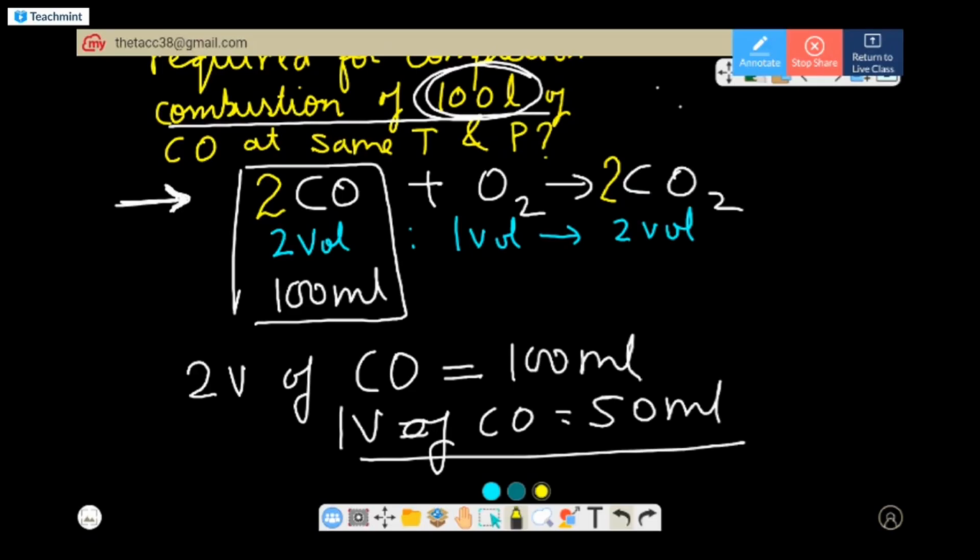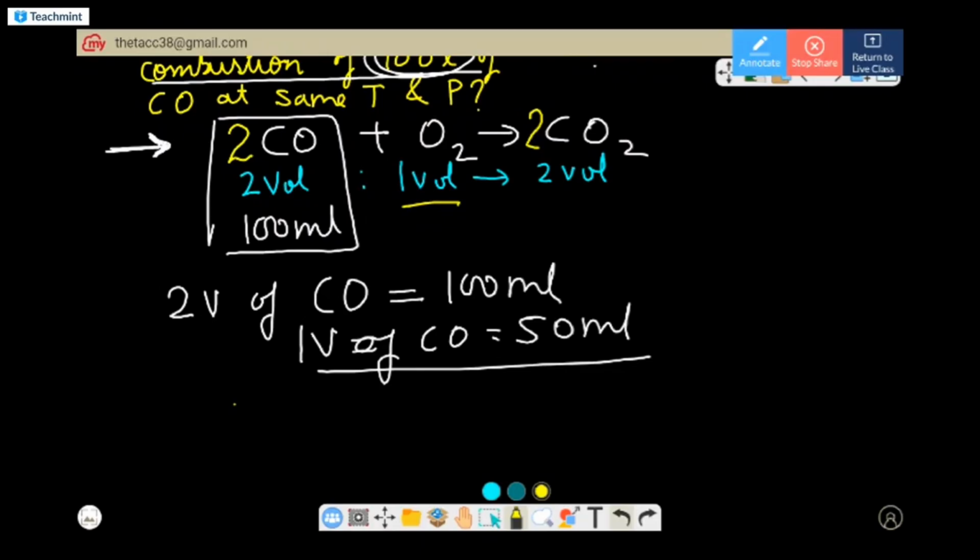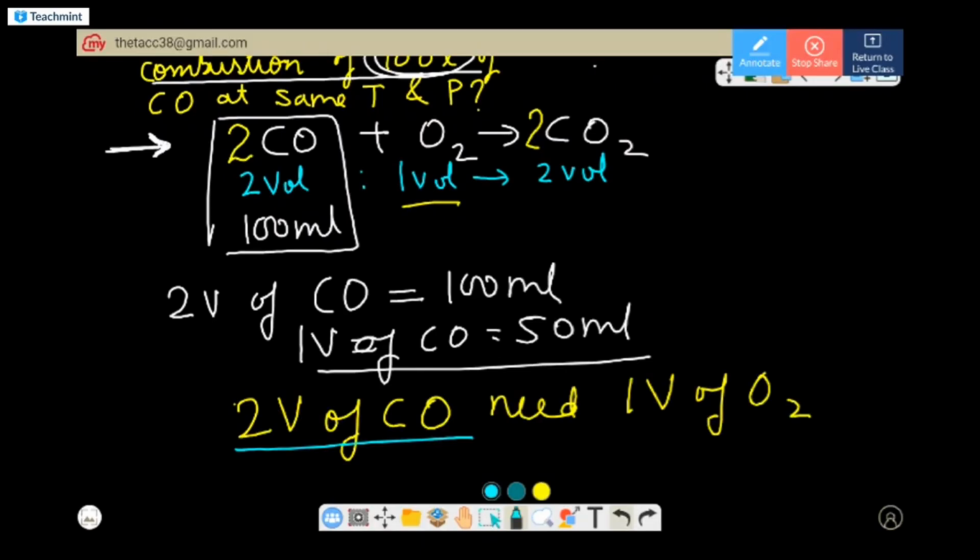So how much will the oxygen be then? Oxygen is representing 1 volume, so 50 ml. Correct. So for complete combustion to take place, 50 ml of oxygen is sufficient for total burning.